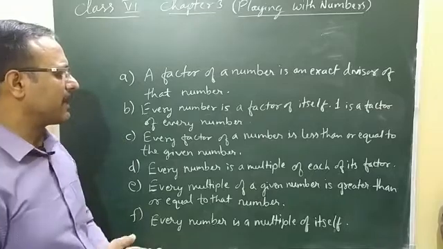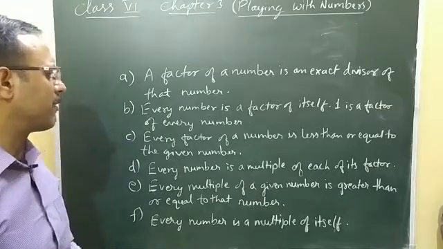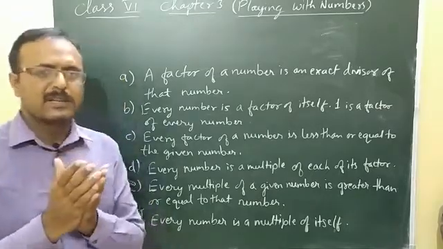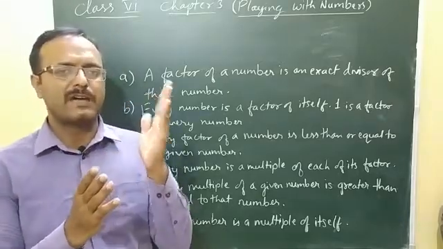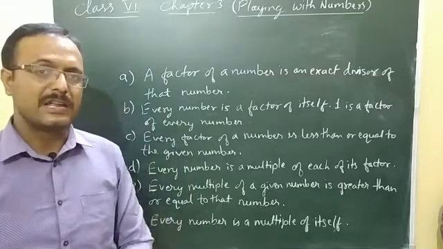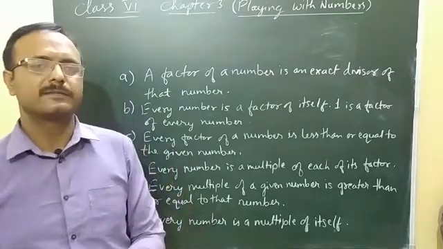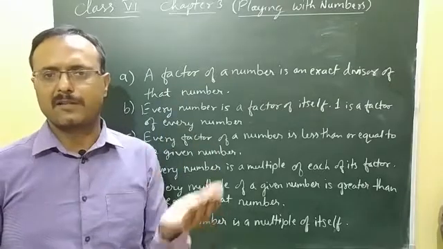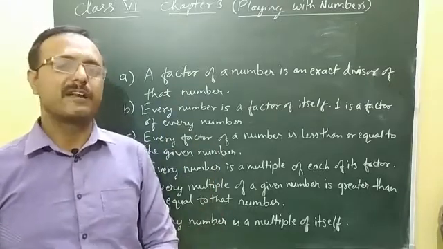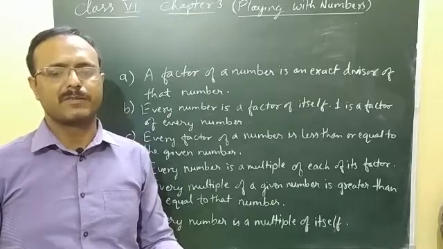Every number is a factor of itself. 1 is a factor of every number. That means if you are finding the factors of, suppose, 7, then 7 will also be a factor of 7, so we can say every number is a factor of itself, and 1 will always be a factor of that number also.